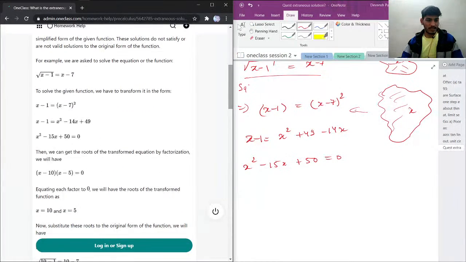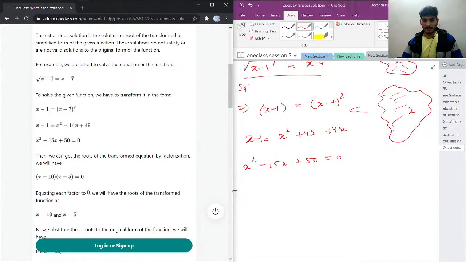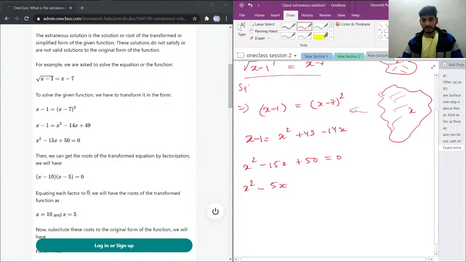Just for simplicity, I'll split this middle term as minus 5x minus 10x plus 50 equal to 0.